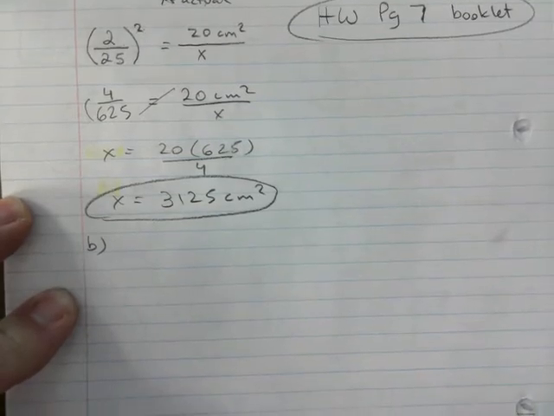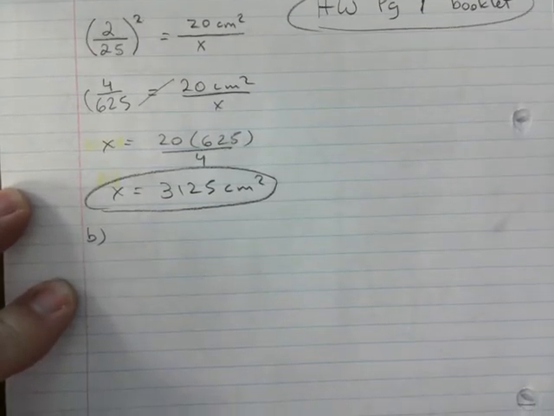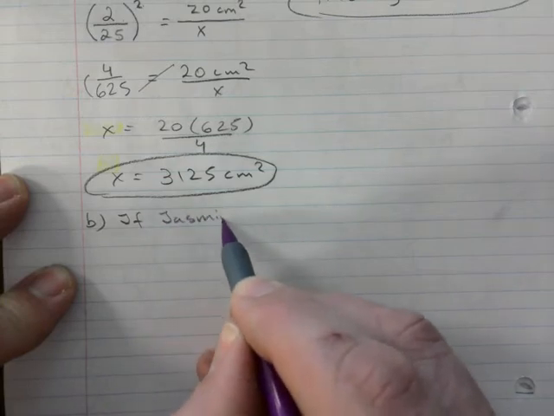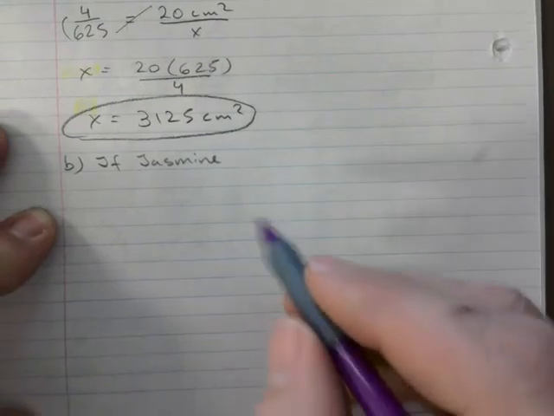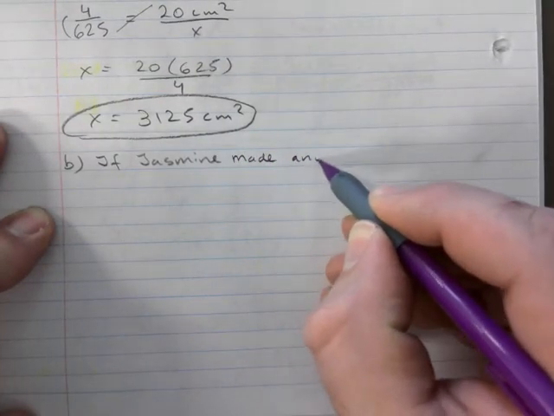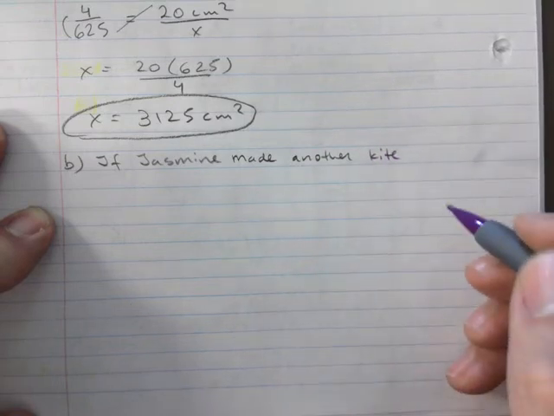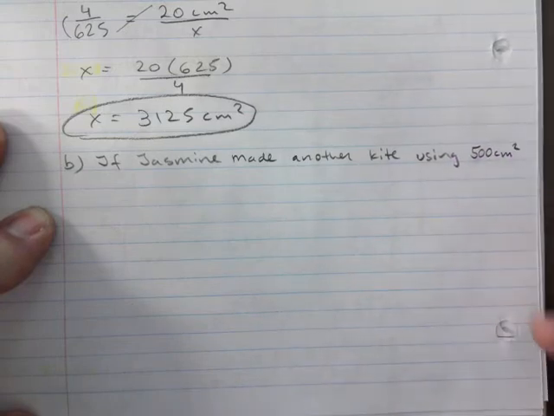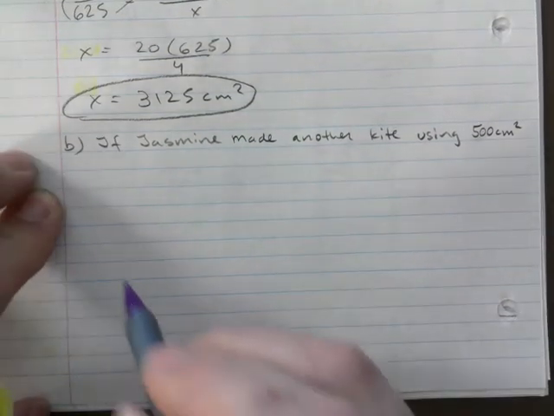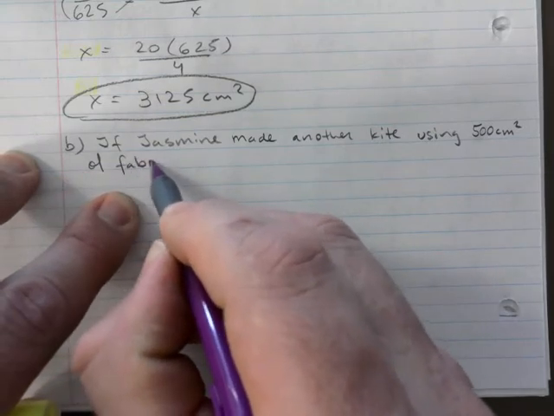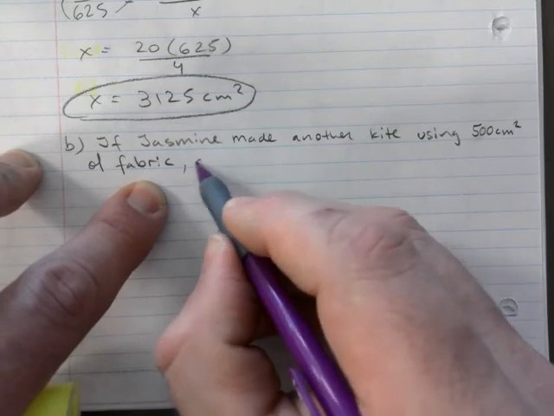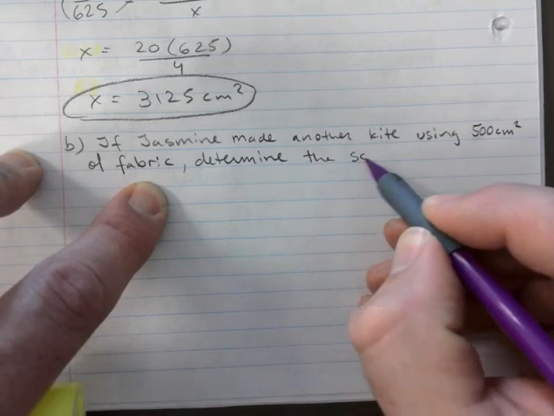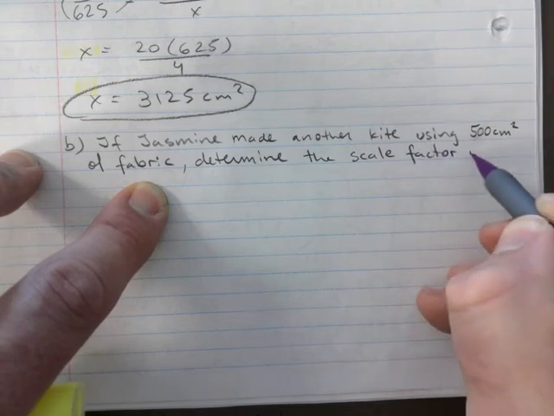Let's continue this question. I will add B to it. If Jasmine made another kite using 500 centimeters squared of fabric, determine the scale factor used.